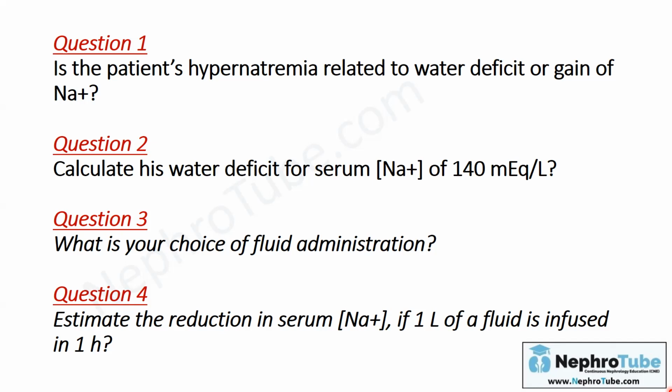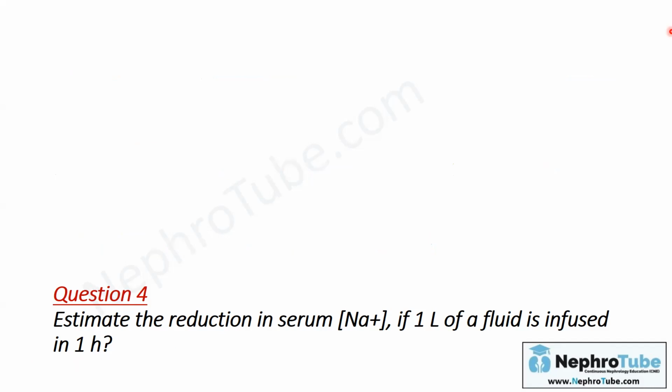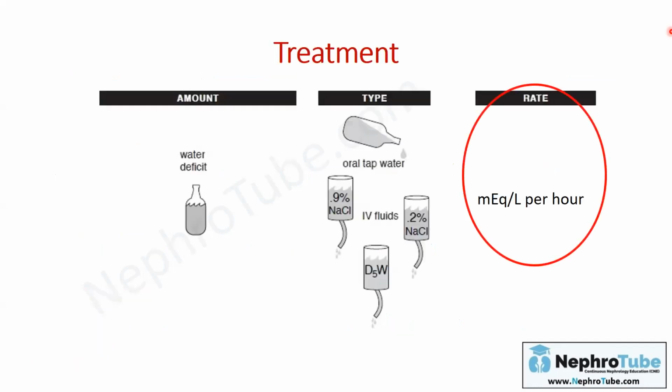Over how much time will I infuse these 8.4 liters of fluid? To answer this, we have to answer question 4. What is question 4? We have to estimate the reduction in serum sodium if 1 liter of fluid is infused over 1 hour. This is what we have to answer.